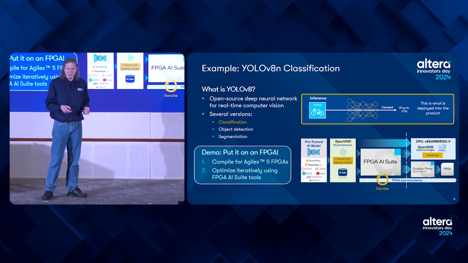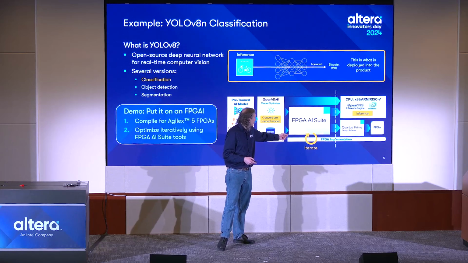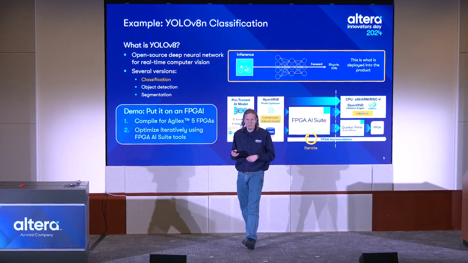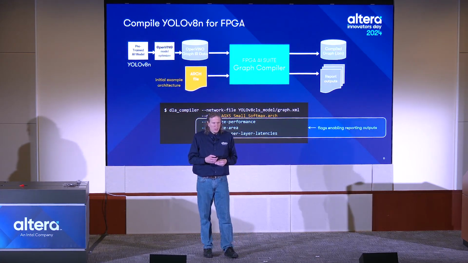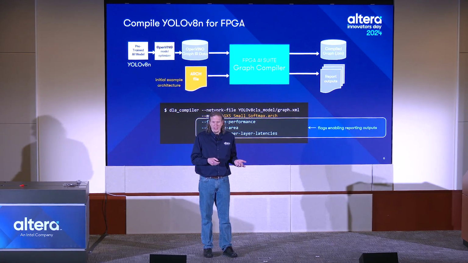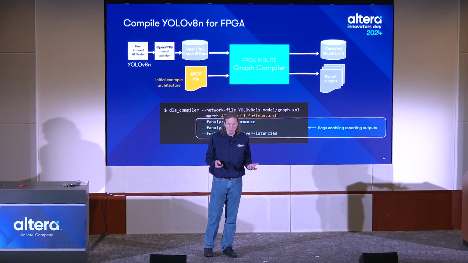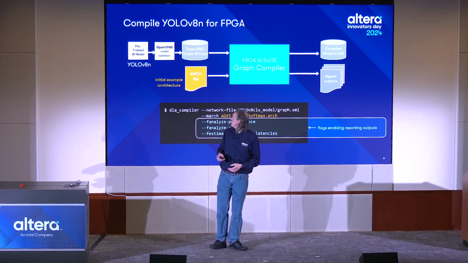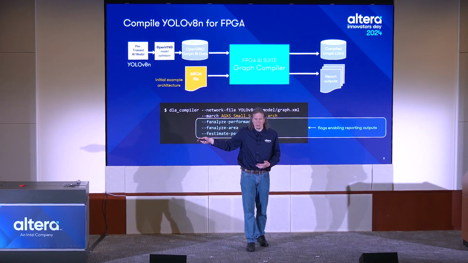For the IP optimization process, as mentioned, I'm going to iterate through several different architectures here, all without using Quartus. The command shown on this slide calls the DLA compiler. In this example, the data science team has already created the intermediate graph data by running the OpenVINO Model Optimizer tool.